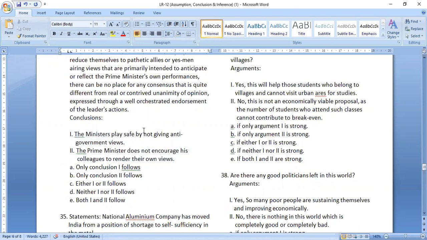Suppose this was an assumption, would you say it's implicit? Yeah. Okay, I think so. I think that this is definitely a conclusion. This can be concluded. This really cannot be concluded.